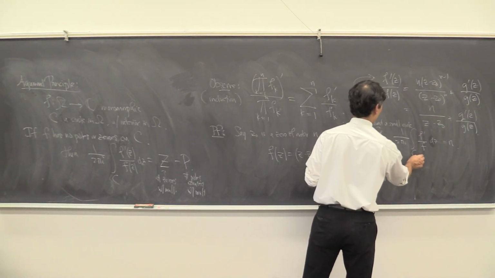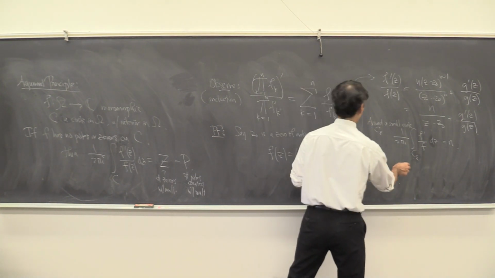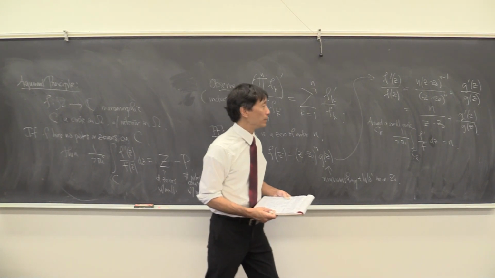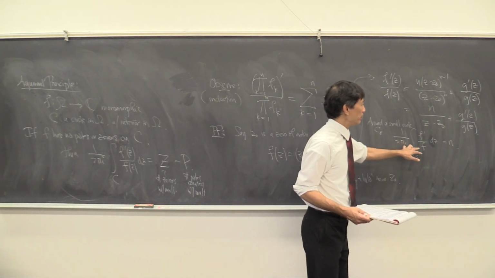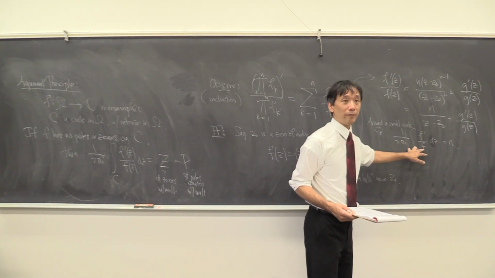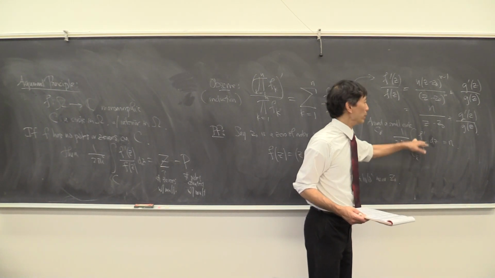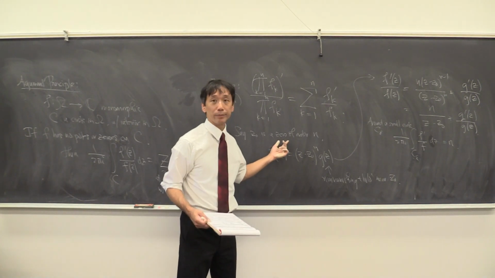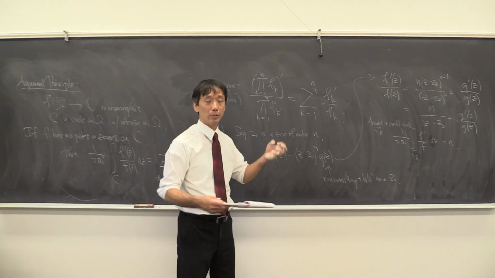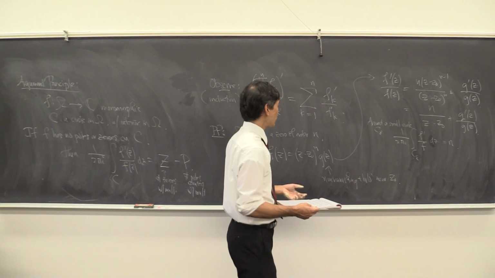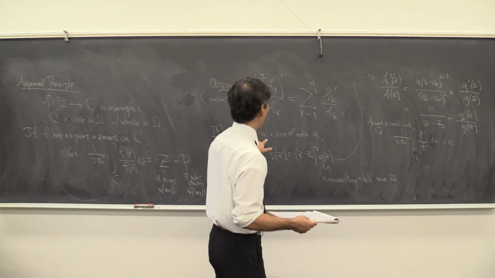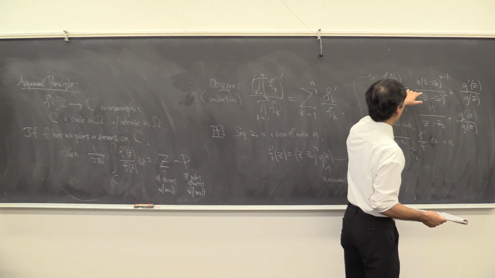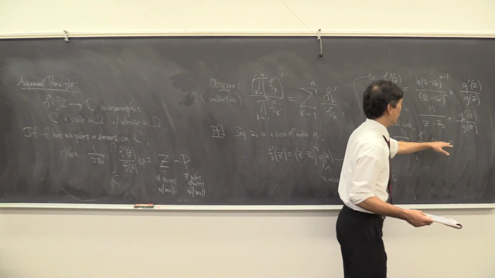So integrating this thing picks off the number of zeros that zero gave you. It was n zeros stuck together. And similarly for poles, if you do it for poles, you're going to get negative n.